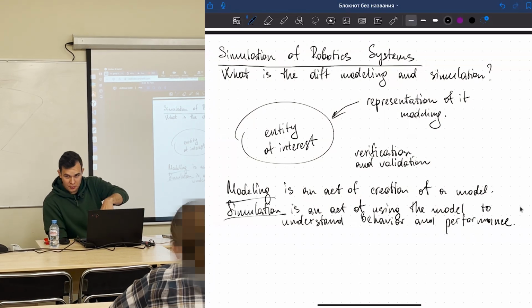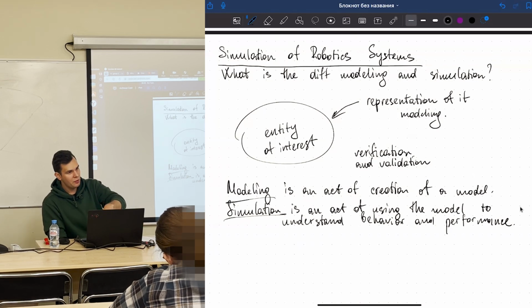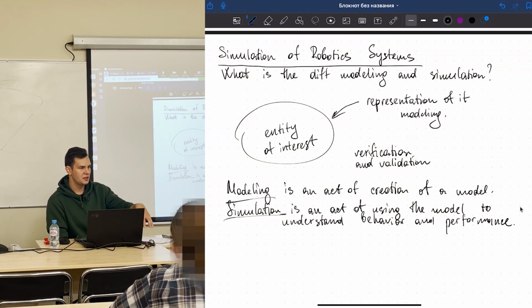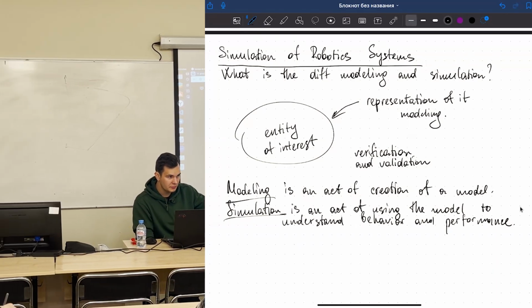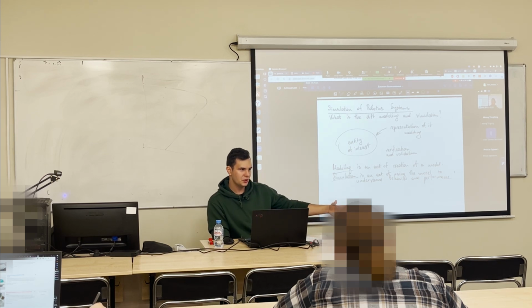But in order to do simulation, you need a model. In order to have a model, you need to derive it. So this is what we're going to make. So you need modeling to do simulation, right? Without it, you won't have any simulation.